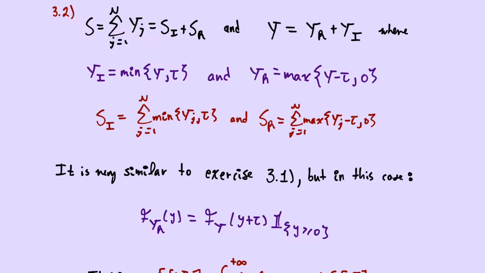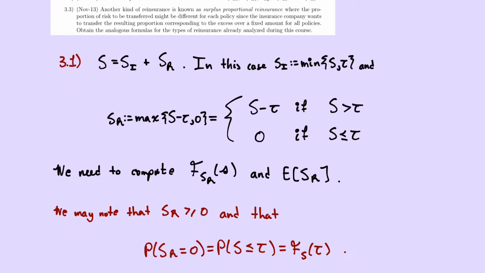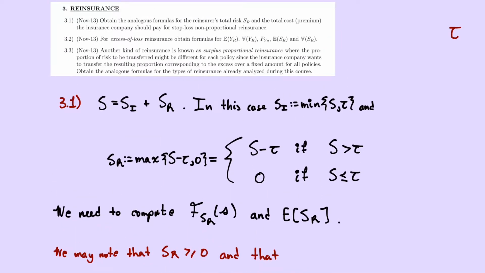In this specific model, the excess of loss, the part that the insurance company will have to pay over any of the claims is very similar to the other model that we were using, the stop loss model.